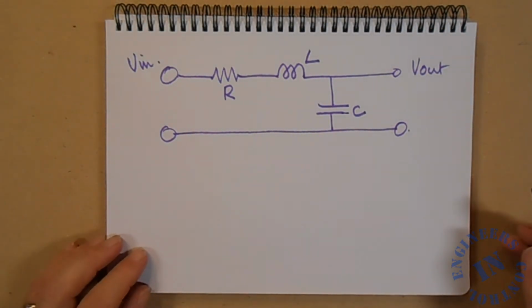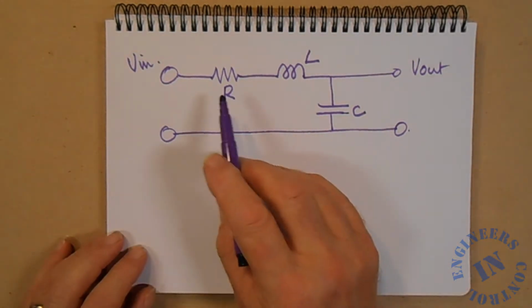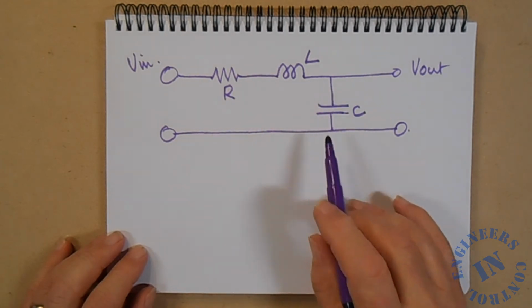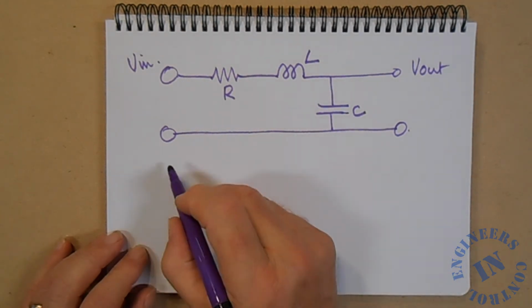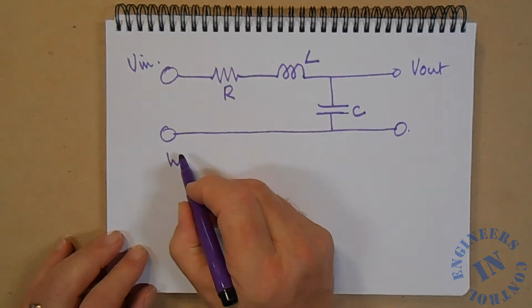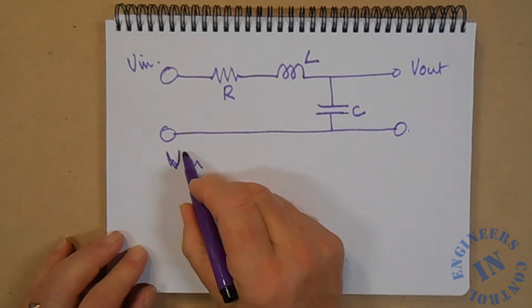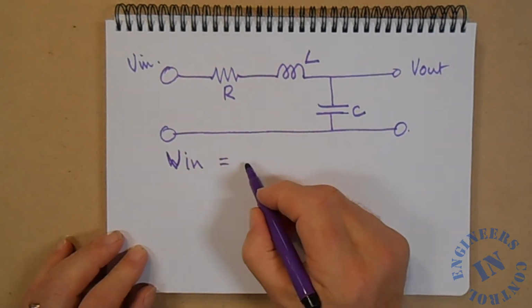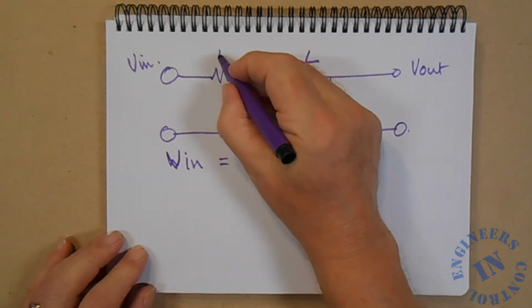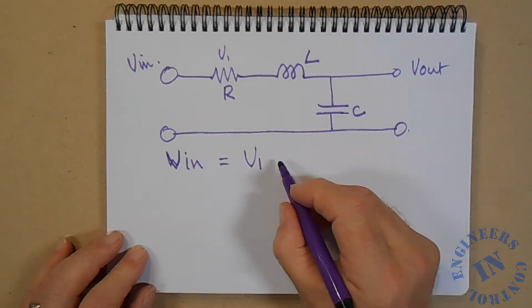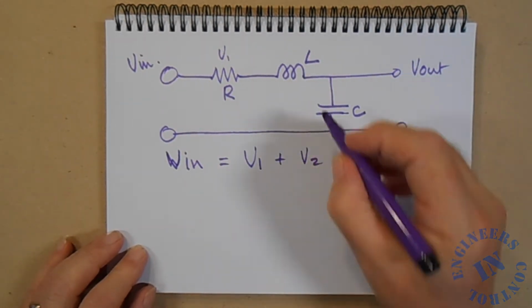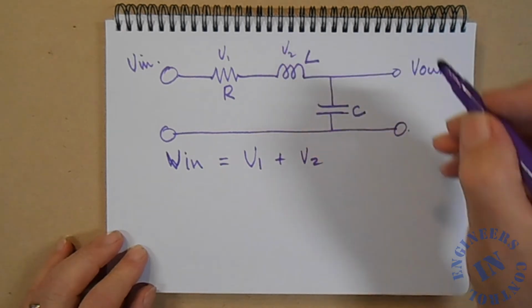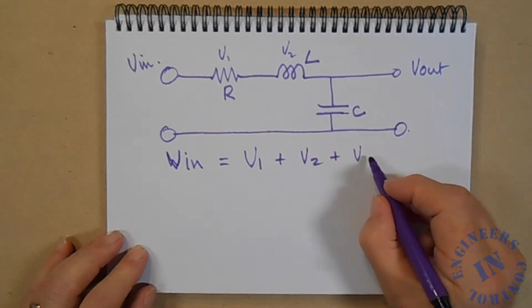Okay, so if we have a look at the balance equations and use Kirchhoff's voltage law, what we can say is that V in is equal to V1 plus V2 plus V3.